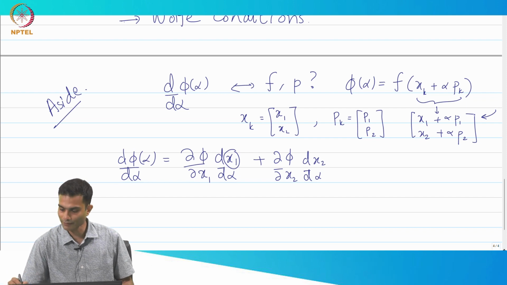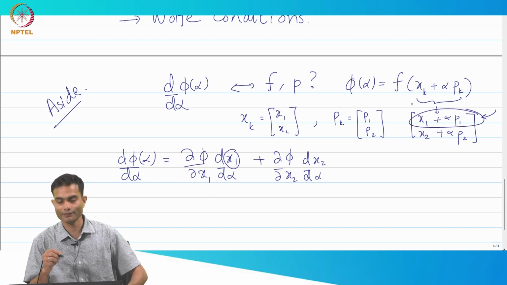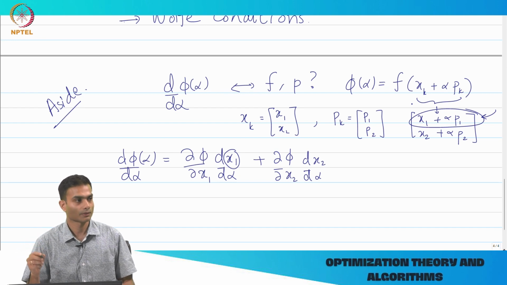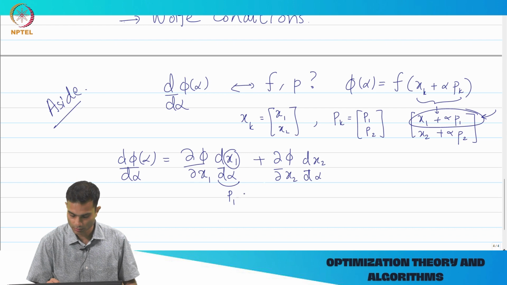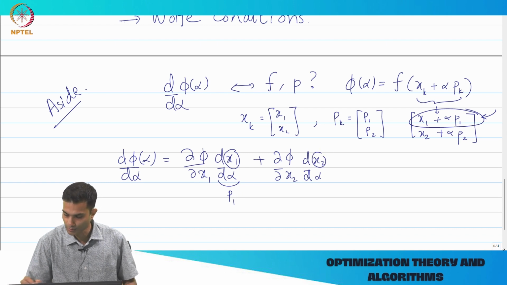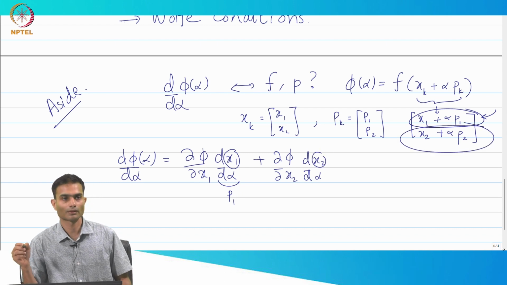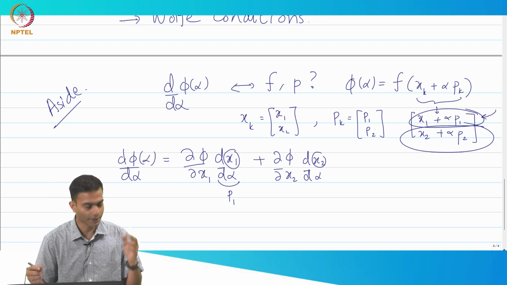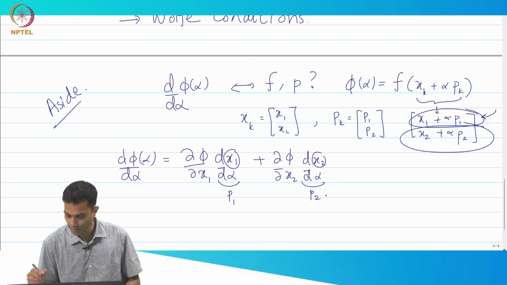So when I take the derivative of this with respect to alpha, what am I left with? P1. This is going to be P1. And the second variable over here is basically this guy. When I take the derivative of the second component with respect to alpha, what am I left with? P2. So this guy is P2.